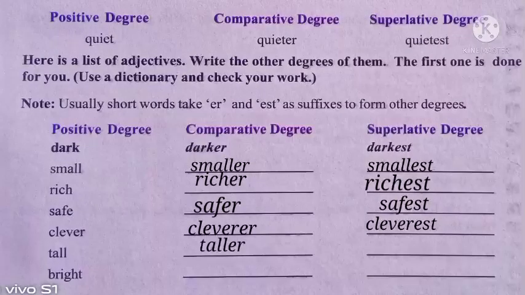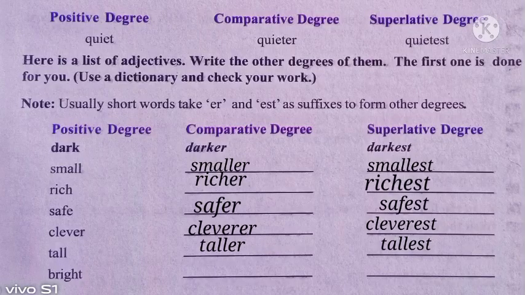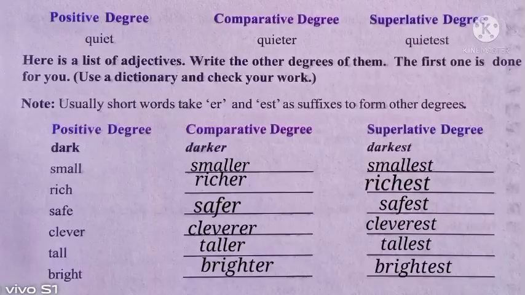Tall, taller, tallest. Bright, brighter, brightest. So these are all the list of the short words that take er and est as a suffix to form other degrees.